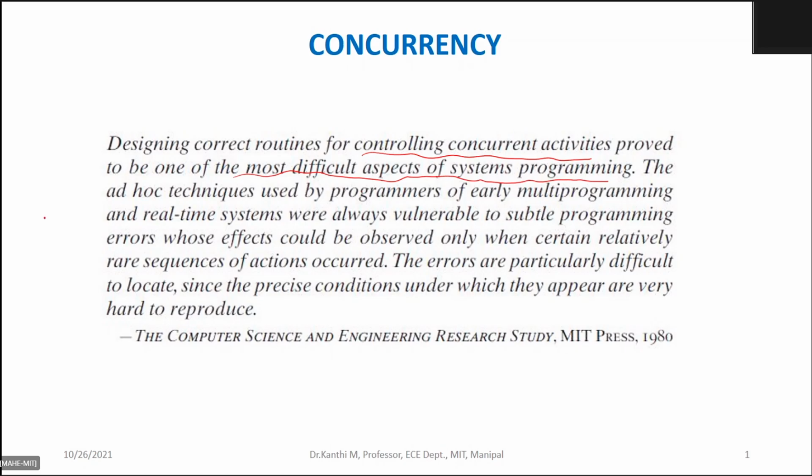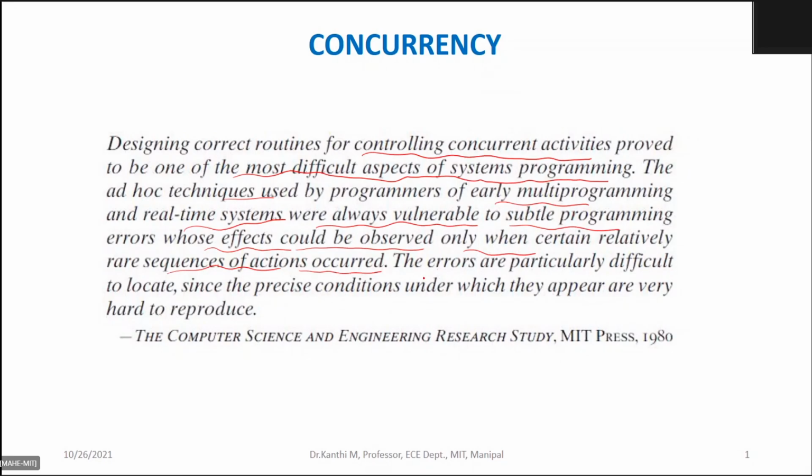The ad hoc techniques used by programmers of early multi-programming and real-time systems were always vulnerable to subtle programming errors whose effects could be observed only when certain relatively rare sequences of actions occurred.